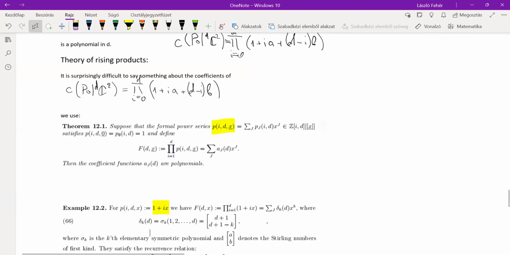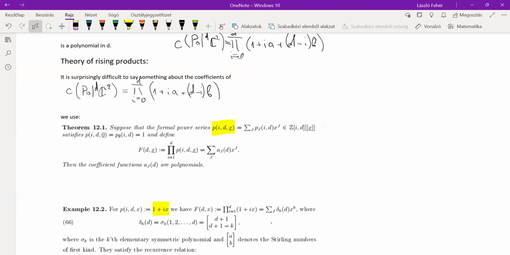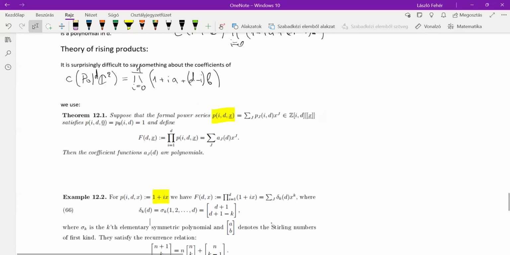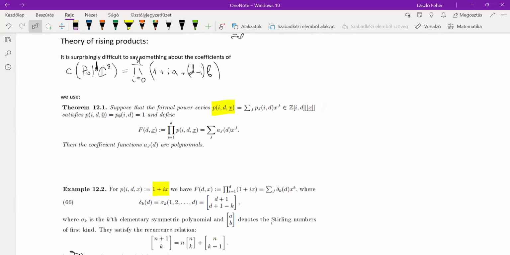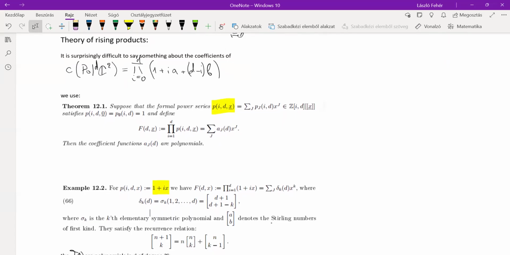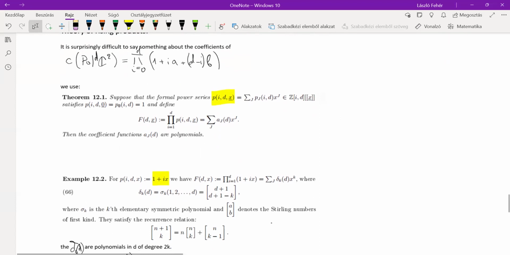So these numbers come up everywhere. For example, if you think of the binomial coefficients as polynomials, then the Stirling numbers are essentially the coefficients of these polynomials, but you have to manipulate it a little bit. So there is the defining recurrence relation of these Stirling numbers.